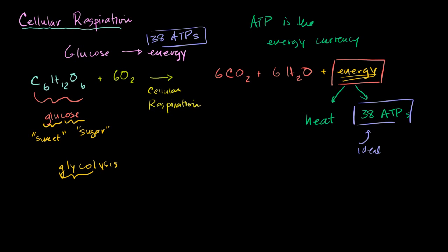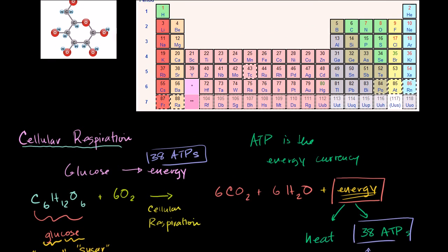The first step of cellular respiration is glycolysis, the breaking up of glucose. What it does is it takes the glucose from a 6-carbon molecule. Let me draw it like this. It's actually a cycle. Let me show you what glucose actually looks like.